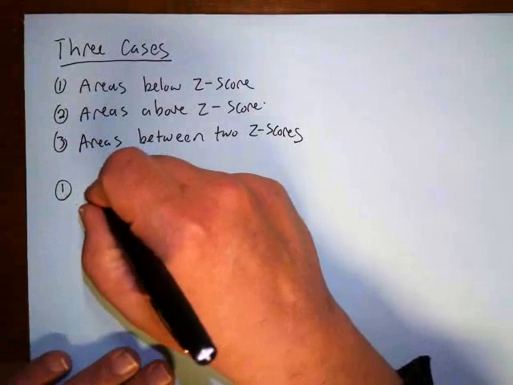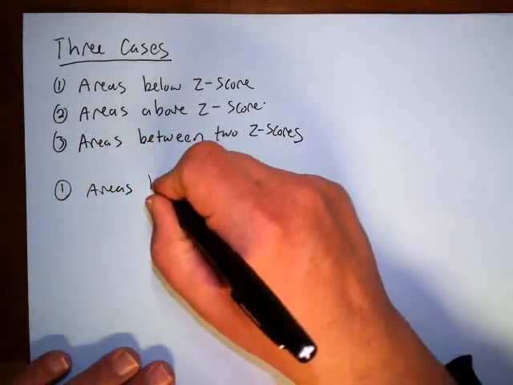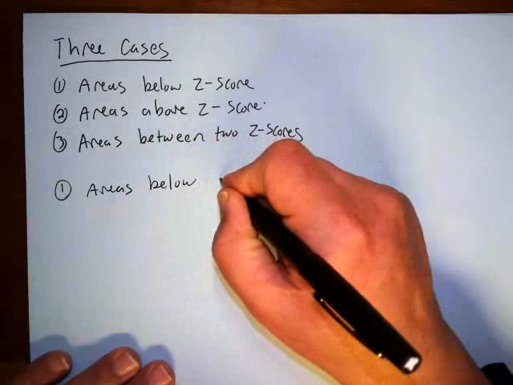So the first one is areas below a z-score.